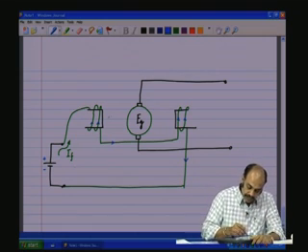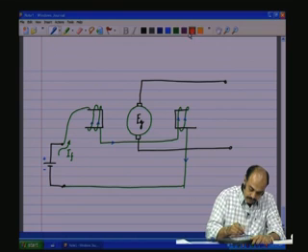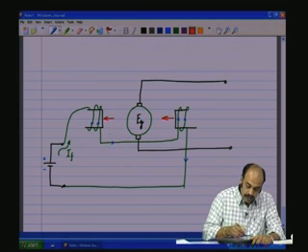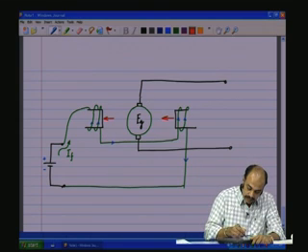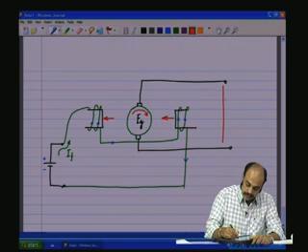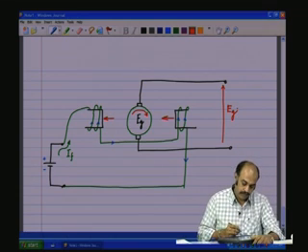If we see the direction of the flux here by the right hand rule, we see that the flux here is in this direction. So, if the flux is in this direction, the direction of rotation is in this direction, because for the flux shown in the other direction, we were showing the direction of rotation in the opposite direction. So, this is going to generate a voltage Eg here.